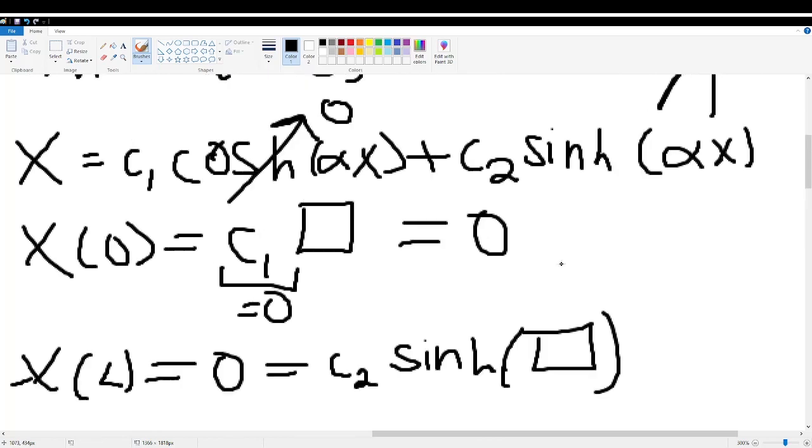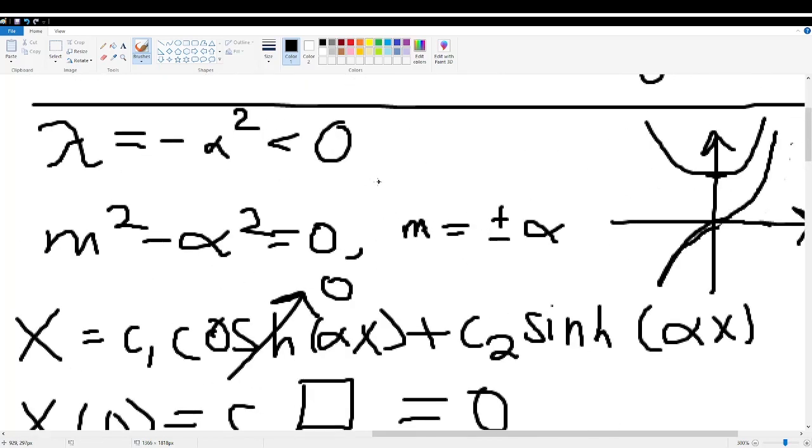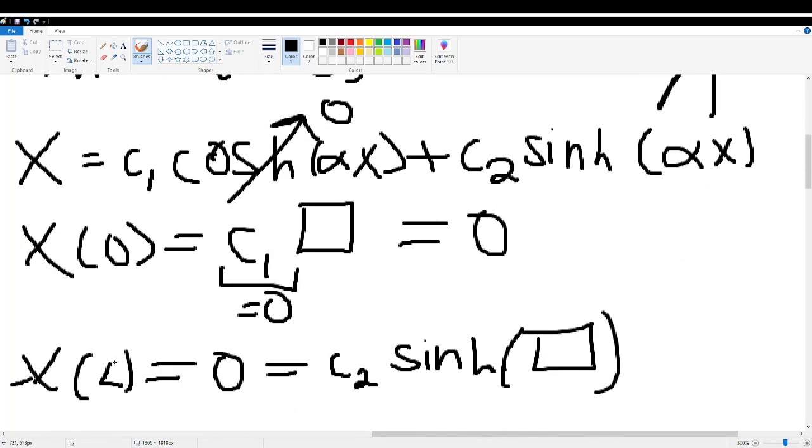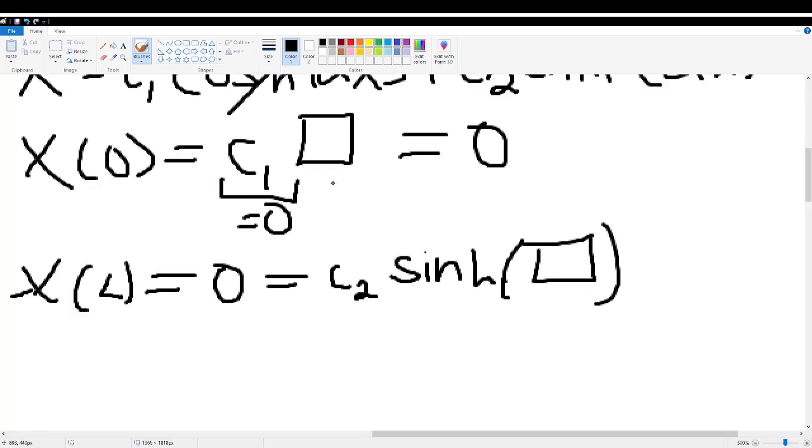So this is some non-zero constant, because alpha is non-zero, right? And L is non-zero, because that's how we defined our boundary condition. This is sinh of some non-zero number, which is non-zero. So if this is non-zero and their product is 0, that means unfortunately C2 has to be equal to 0, which means again, no good, right?